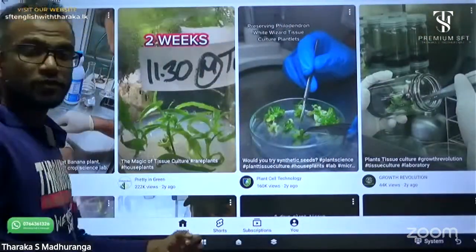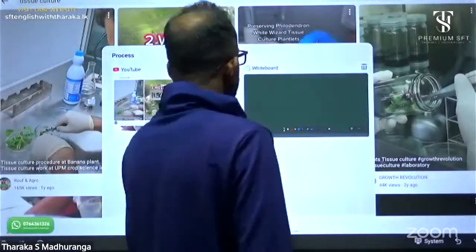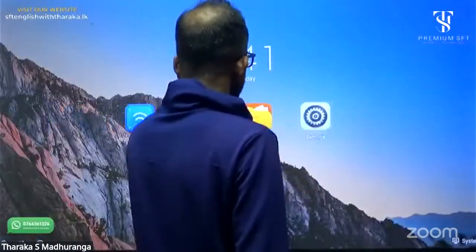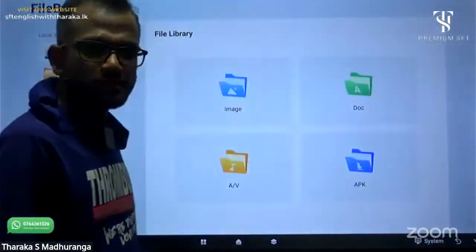Okay, let's move into forest. The forest part is very simple. We have only three main types of forest.